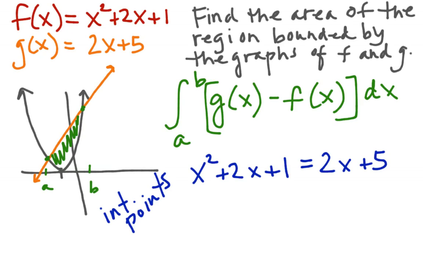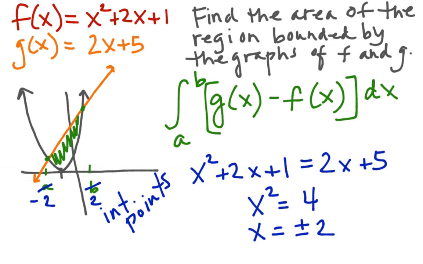So what happens? I subtract 2x from both sides. I subtract 1 from both sides, and I get x squared equals 4. x equals plus or minus 2. So my a value is negative 2. My b value is positive 2.